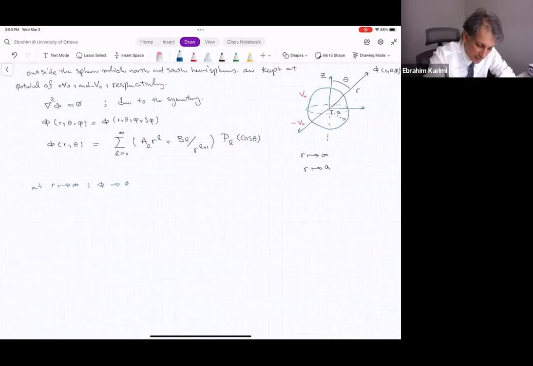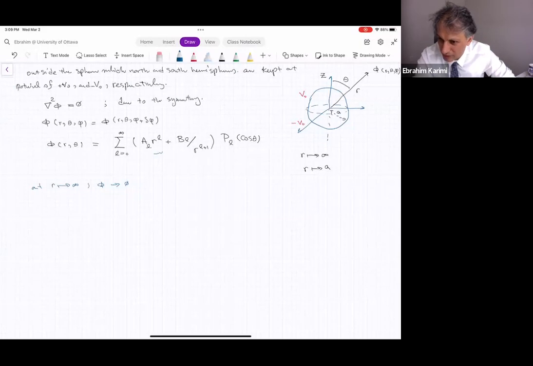Then look at the power series, L equal to 0 to infinity. Whatever happens here, the positive powers of r are not allowed. So definitely A_L is equal to 0.